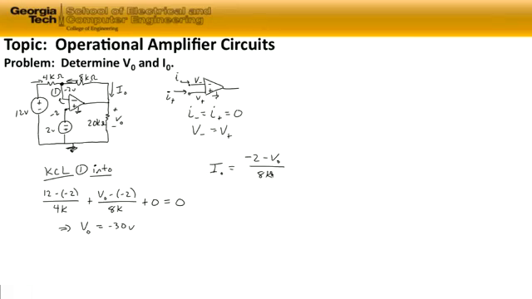That will give us Iout. We know Vout is minus 30 volts, and so we can determine Iout. Iout is equal to 28 divided by 8K, which gives us 3.5 milliamps.